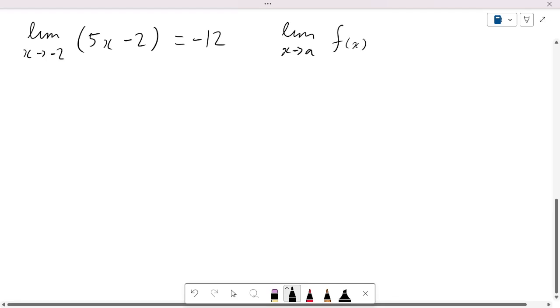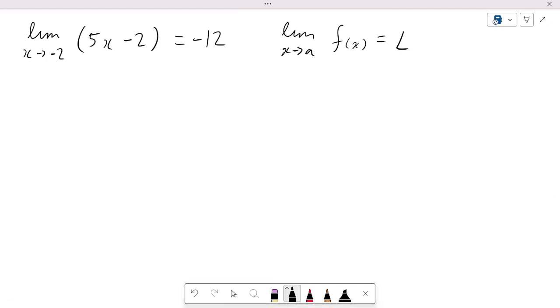Our function is 5x minus 2, which is equal to our limit value, where our limit value is equal to -12. Okay, so from this point over here, we are going to use the definition.